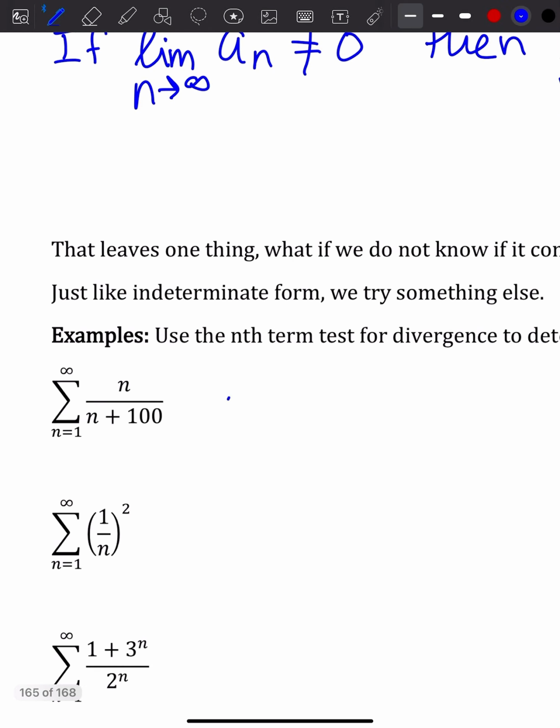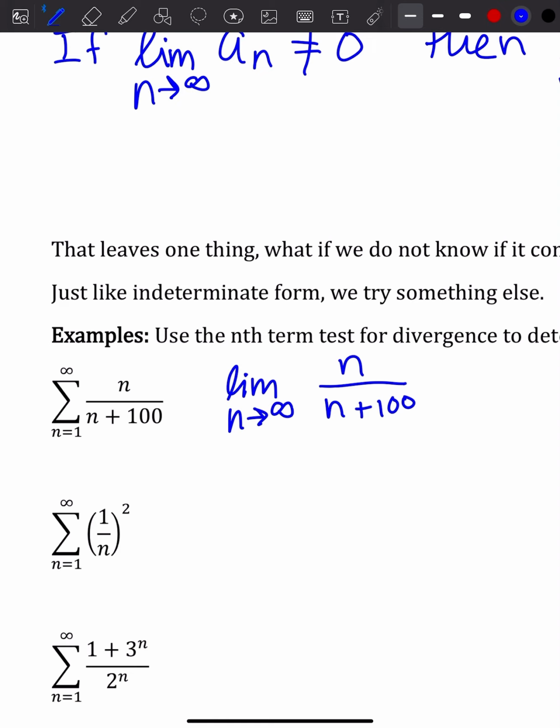So we have the limit as n approaches infinity of n over n plus 100. This is where we're getting into our limit towards infinity things again. This is our exponents are the same situation.